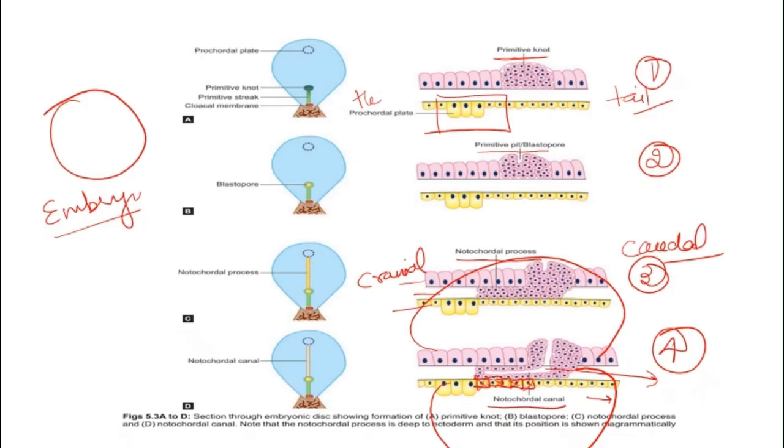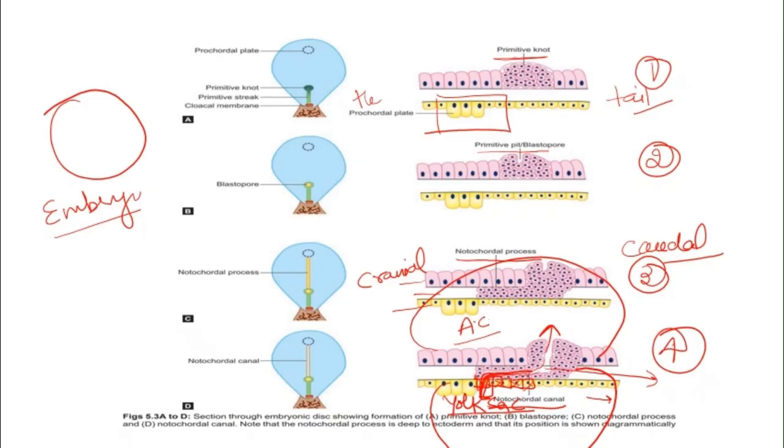You can see here, through the blastopore, this canal is communicating with the amniotic cavity. And after the intercalation, these cells are replaced, and again this cavity communicates with the yolk sac. It also removes the cells.